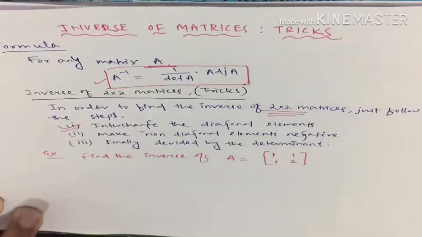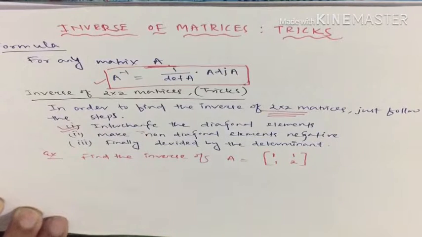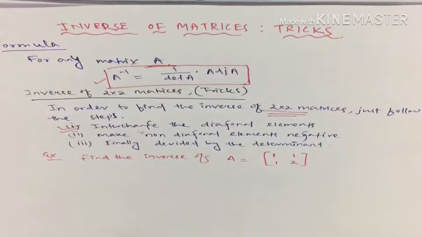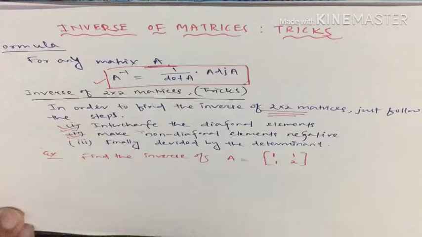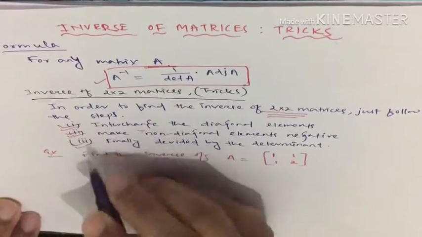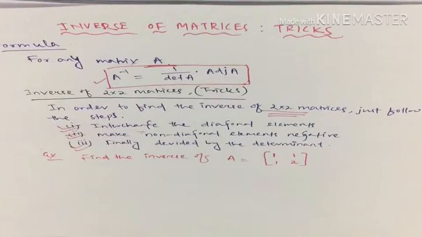Second step is to make the non-diagonal elements negative. And the third step, finally divide by the determinant of the matrix. So these 3 steps, I hope you understand better.